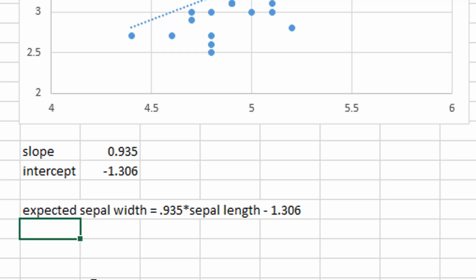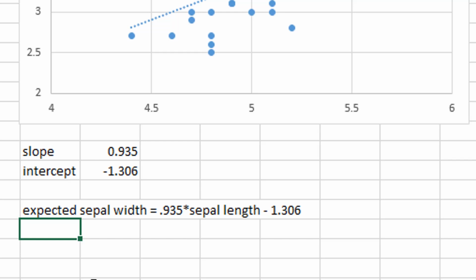The thing to bear in mind, I put in this word expected, which means that if you were going to use this model to predict the sepal width for any sepal length, the value that you get after plugging it in is not the precise sepal width for a flower with such a sepal length, but our estimate for the average sepal width for all flowers that have that particular sepal length.